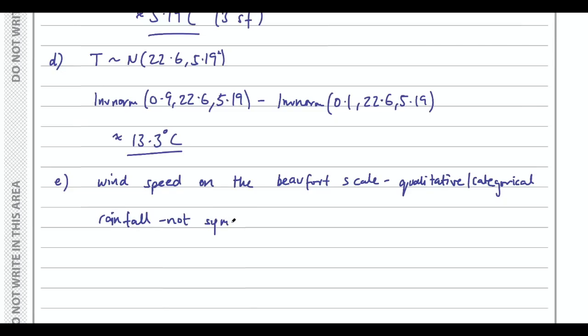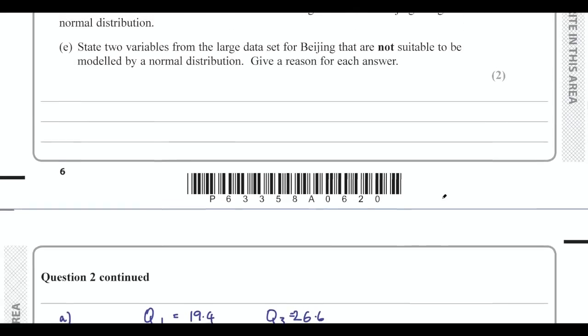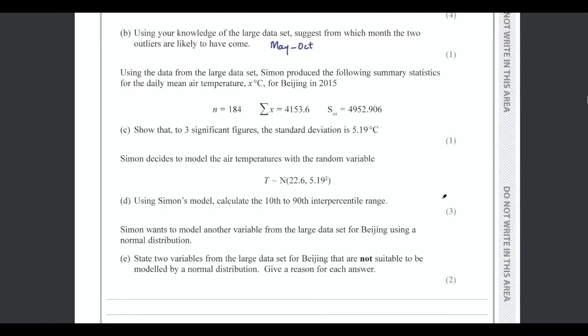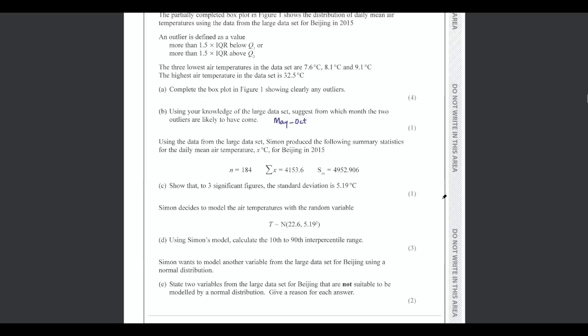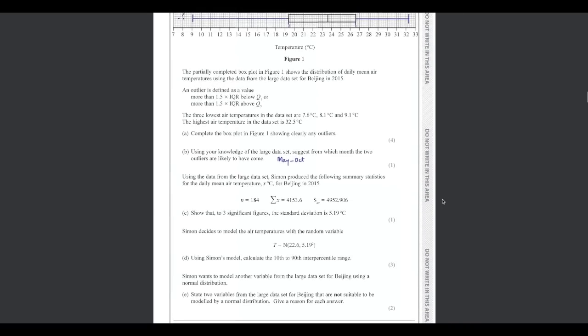It would not fit a normal distribution because there are just too many days with zero rainfall. Okay, that was part E, and that really shows how much you need to have worked with the large data set to get that one correct. So that was question 2 for a total of 11 marks.